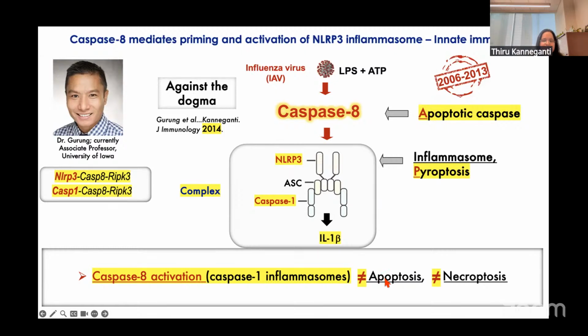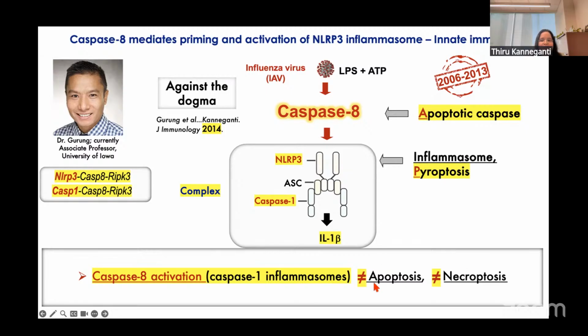And always people get confused; as soon as you say caspase-8, they link it to necroptosis. The important fact here is, if caspase-8 is involved, it cannot be necroptosis, because necroptosis happens in the absence of caspase-8. So these are all misconceptions and confusion in the field, that they always link caspase-8 to either apoptosis or necroptosis.